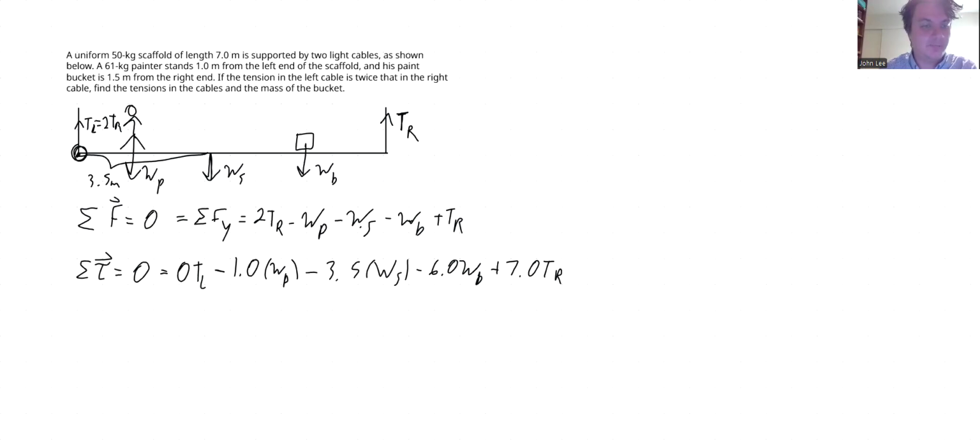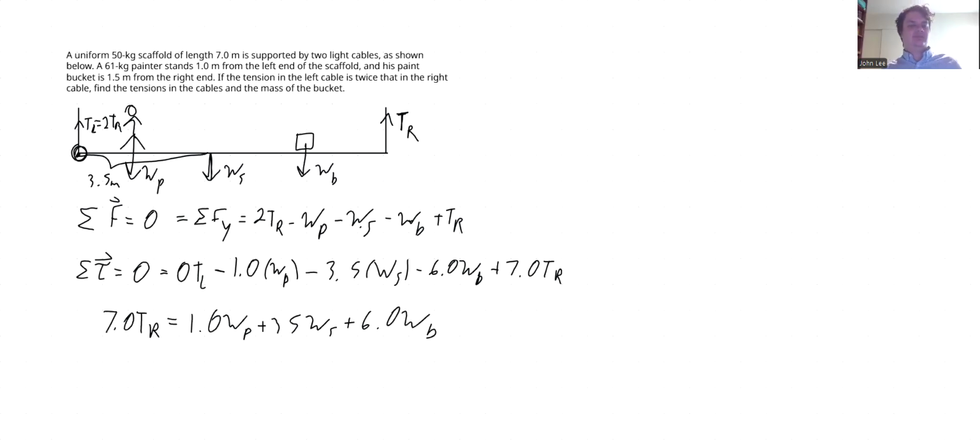So 7.0 TR is going to be equal to 1.0 weight of the person plus 3.5 weight of the scaffold plus 6.0 weight of the bucket.